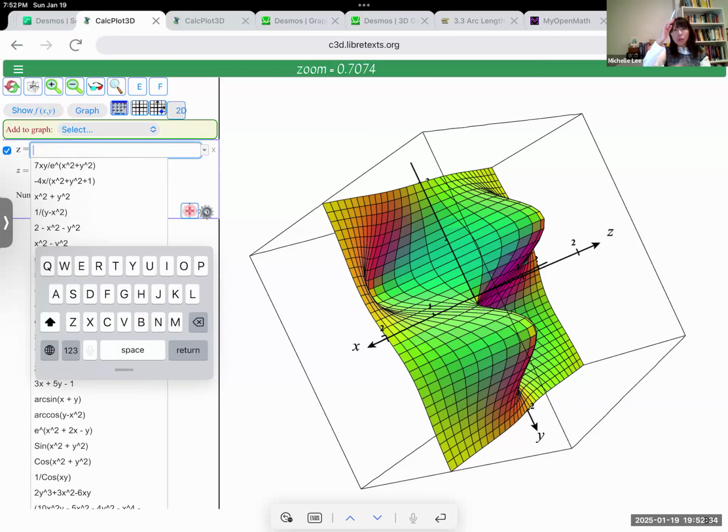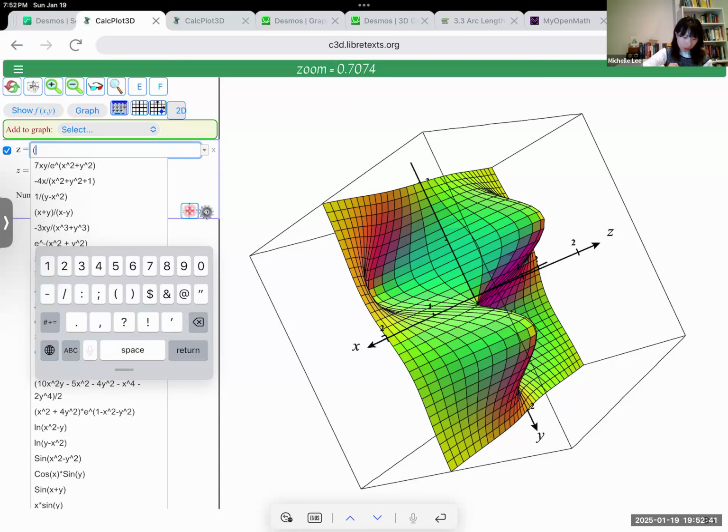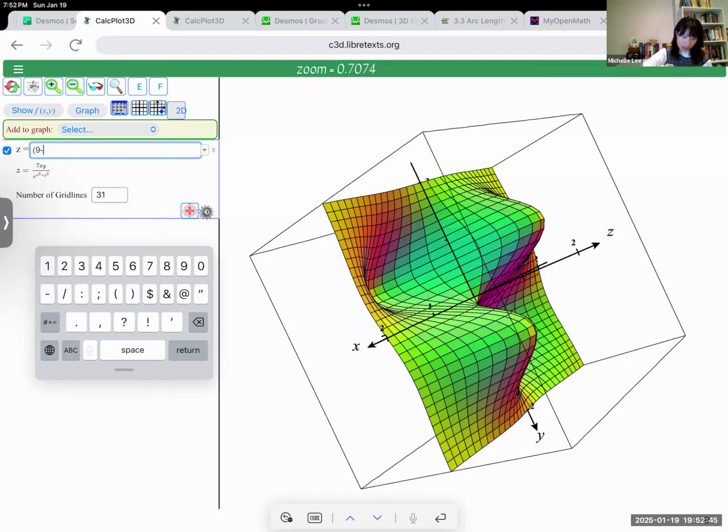So we can use parentheses to the 1/2 power: parentheses 9 minus x squared. Okay, actually I have this one. Yeah, I got it here.